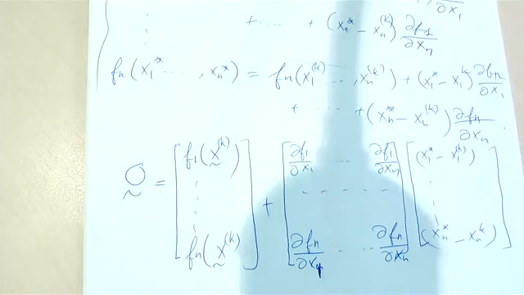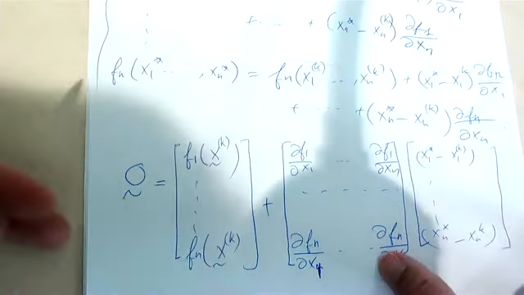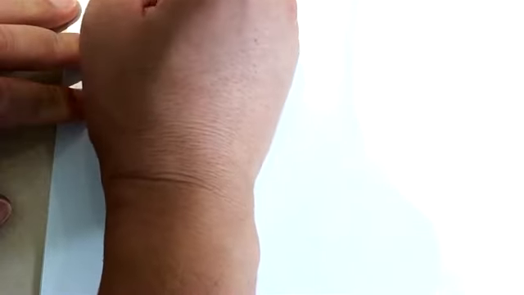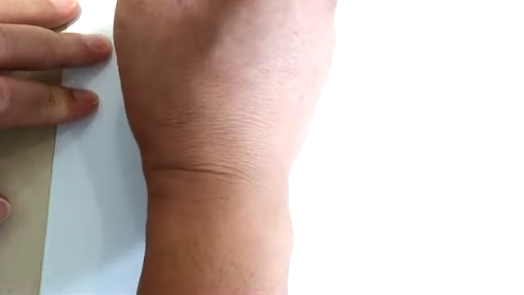And you see that now, if I solve this equation, this is how I get the update. Suppose I have this equation, where x is a vector.